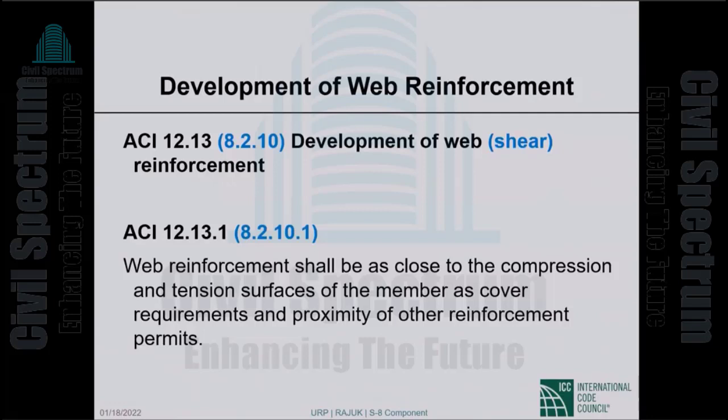Now here, how should I say, quite a bit of the provisions is devoted to welded wire reinforcement being used as stirrups or shear reinforcement.